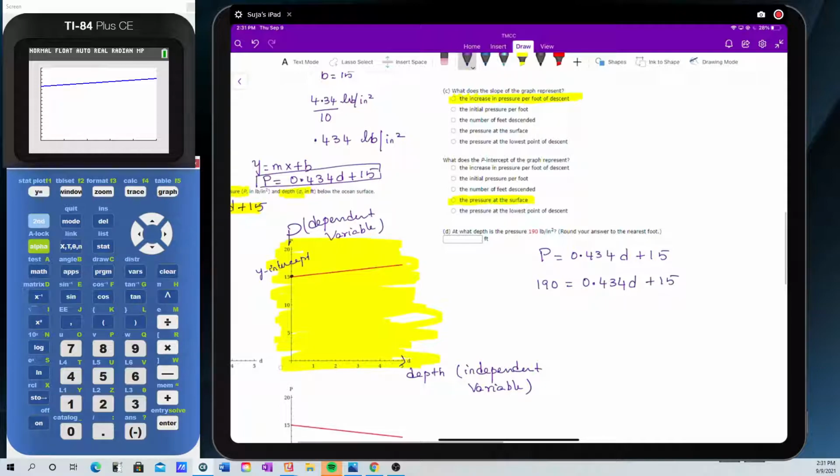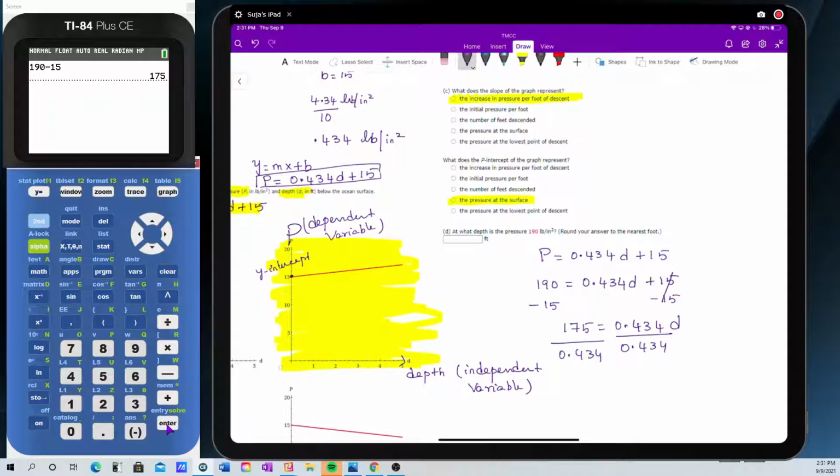I need to solve it. Subtract the 15 to the side. So I have 190 minus 15, which would be 175. 175 is equal to 0.434 D.